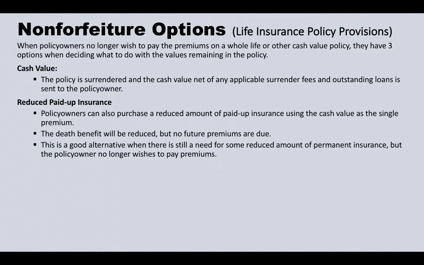However, the death benefit will be significantly reduced. So basically, if you don't want to pay any premium in the future and you want a smaller amount of death benefit, this is something you can do.